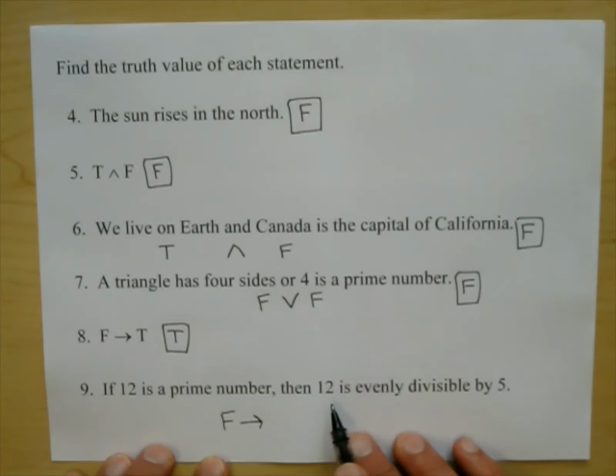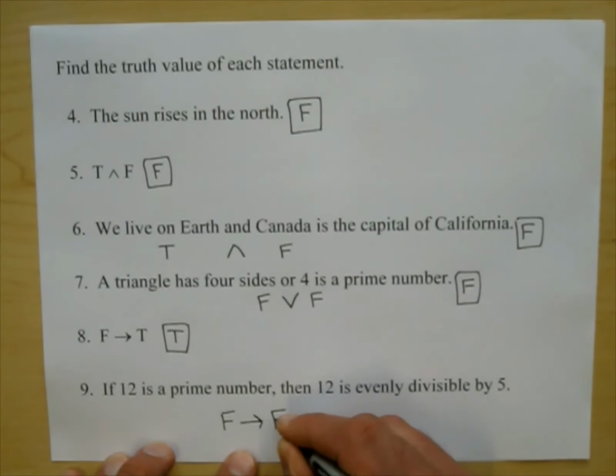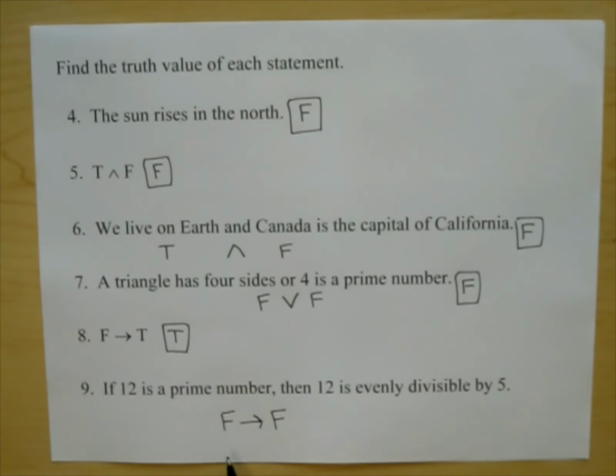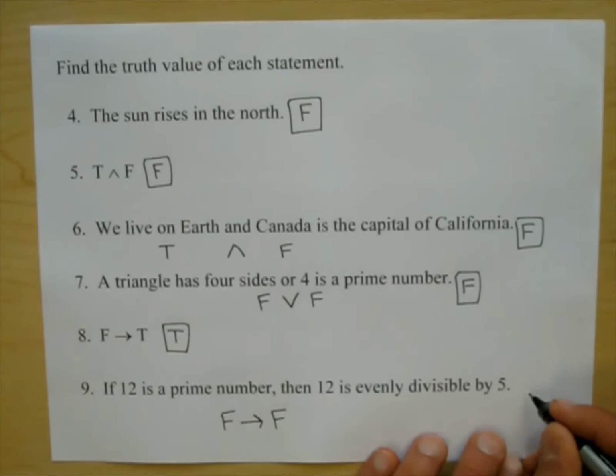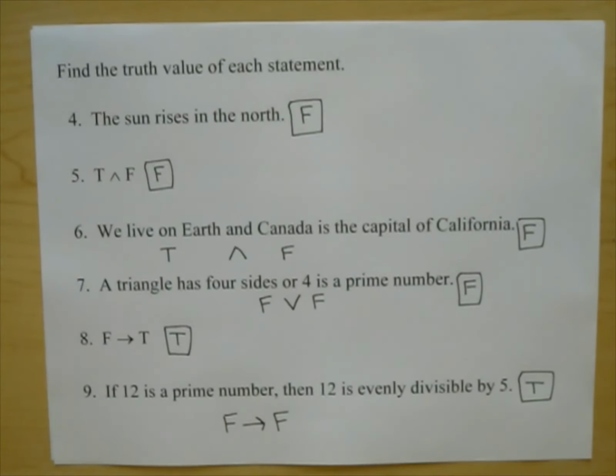So when you put 5 into 12, is that evenly divisible? And the answer is no. If false, then false, we have there. But if false, then false, that gives me true. So make sure you know how to analyze statements and find the truth value of different statements.